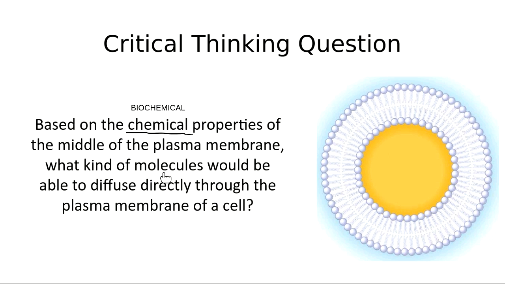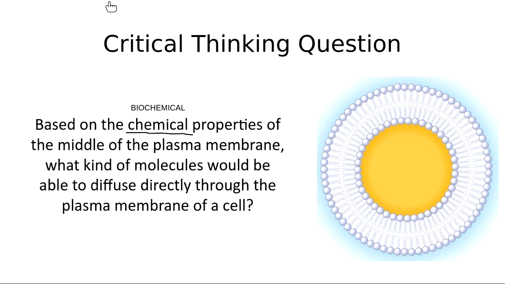There are two words I use for the kinds of things that can go straight across the membrane. What do I call the kinds of things that can go straight across the membrane? In other words, what are the words that I use to describe my tails? There were two words for these tails here.